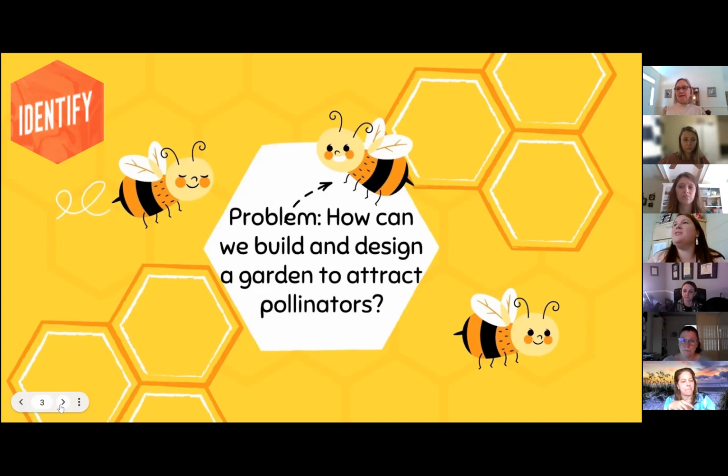And then we have been studying the decline of the pollinators in our world and in the United States, so we decided that we wanted plants that would attract pollinators. Through that, the students and us came up with this problem of how can we build and design a garden to attract pollinators. So we have lots of aspects here of trying to answer this question and to develop and build things that will help with this.